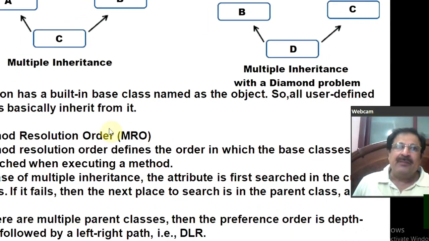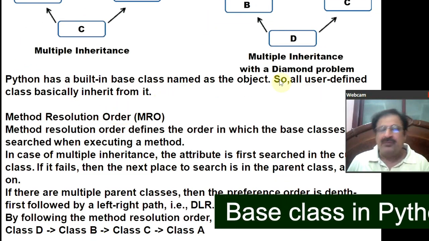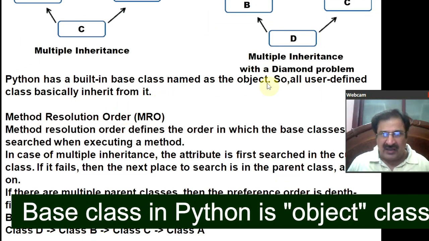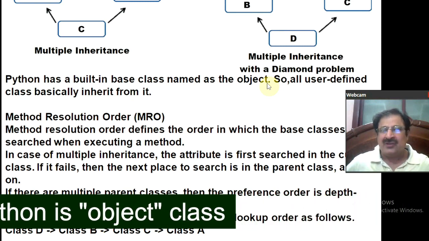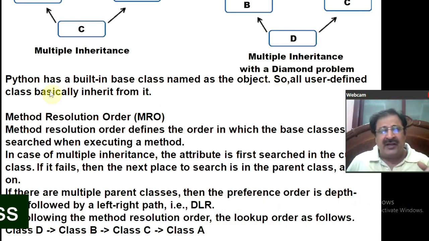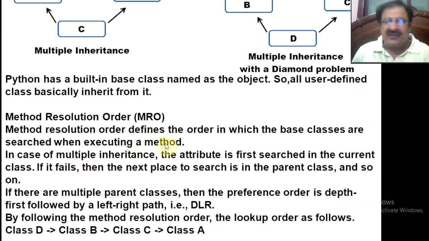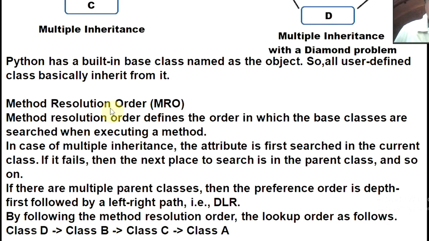I must tell you that the base class in Python is the object class. That means whenever you define a class, whether it inherits any class or not, every class by default inherits the object class, which is a built-in base class. Now let's finalize with the words of MRO, method resolution order. It defines the order in which the base classes are to be searched for the desired method.